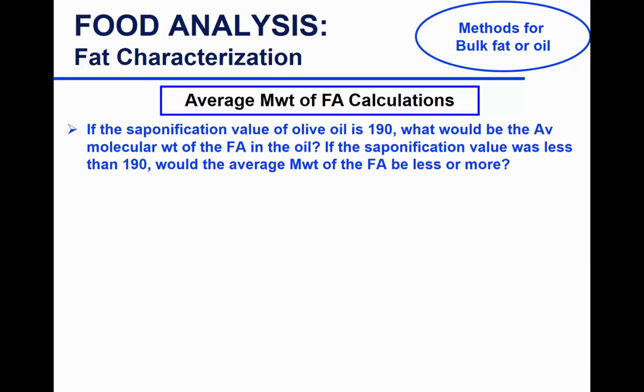So units will cancel, and then you'll have the molecular weight of triglyceride: 885 grams per mole. Okay, did you guys get that first step?